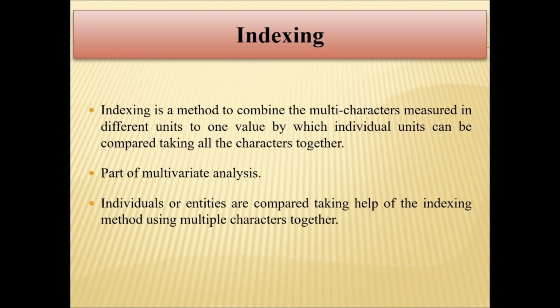What does bioindexing mean? It is a combination of all characters into one value, so that the prospect of a particular candidate can be given with a single value, so that we can forecast who is going to win. So it is not only for biology students, it is also for social sciences and economics. I have given you here some examples.